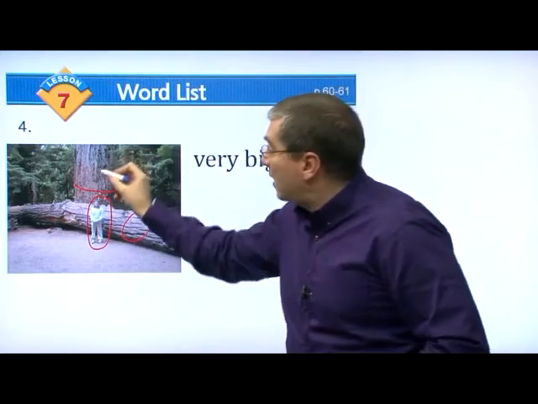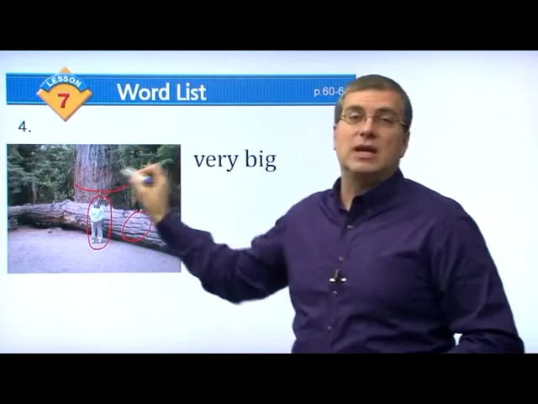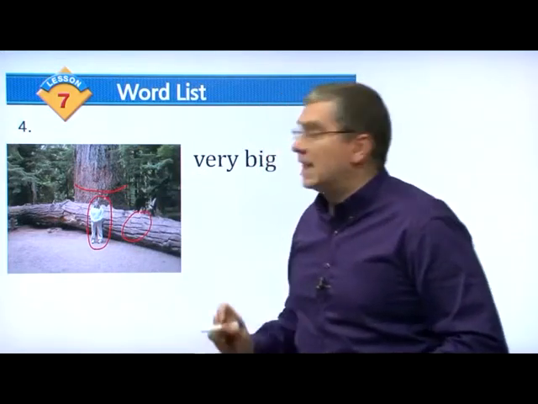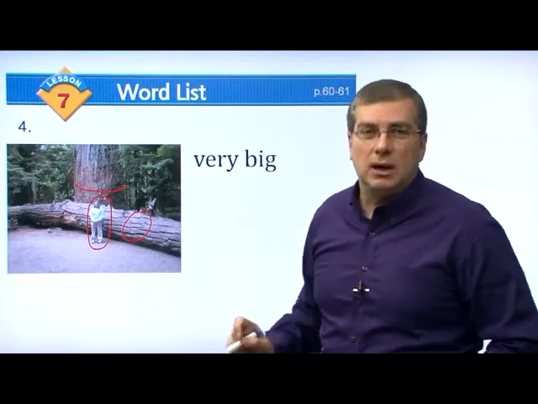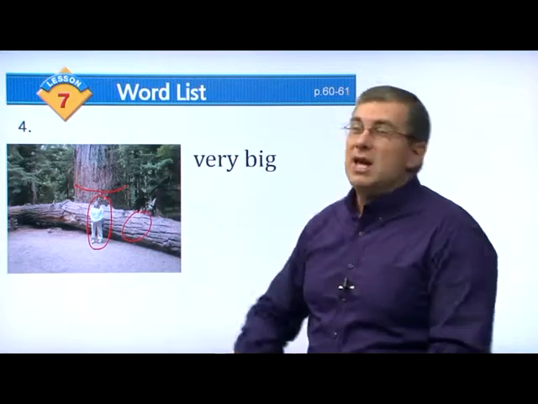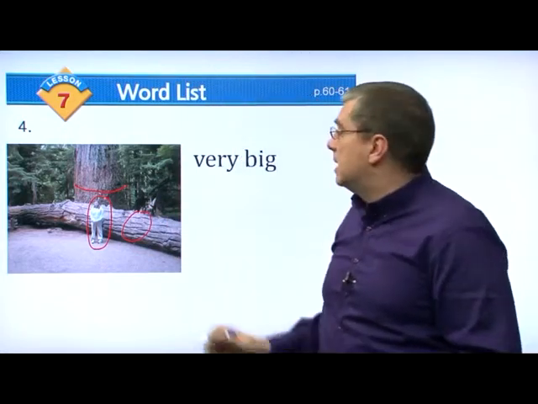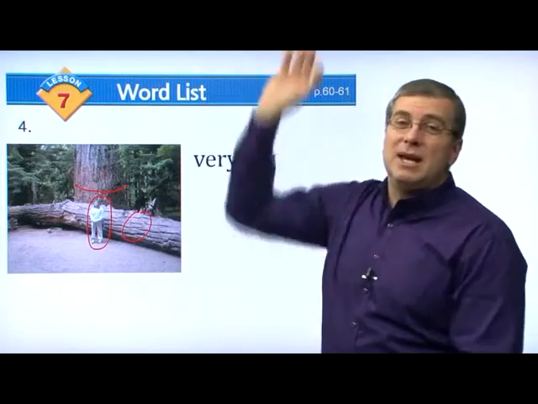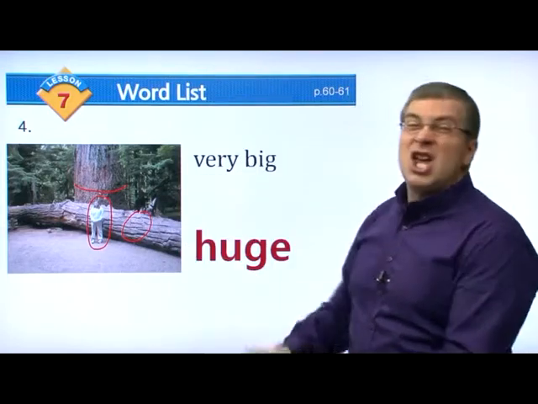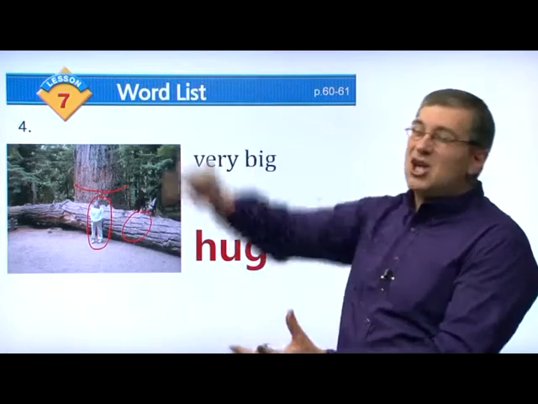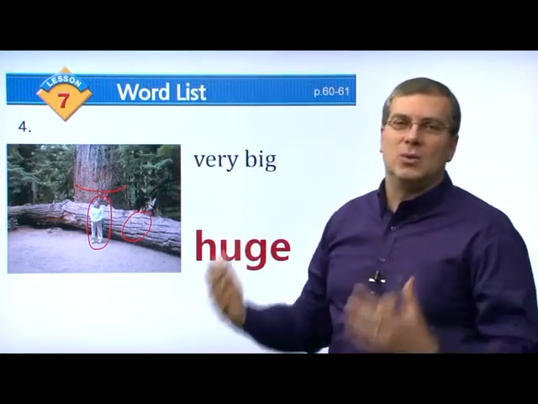It's very, very big. These trees probably are growing in Northern California or Oregon, Washington. The trees are really big in those states in America. What do we say? They're really big. One word, we can say they're huge. They're really, really big.